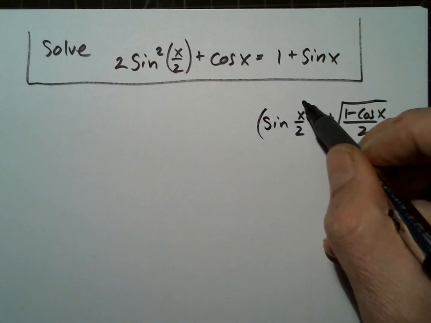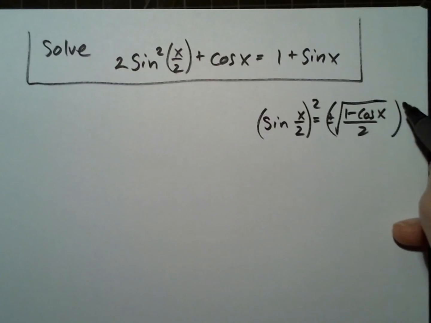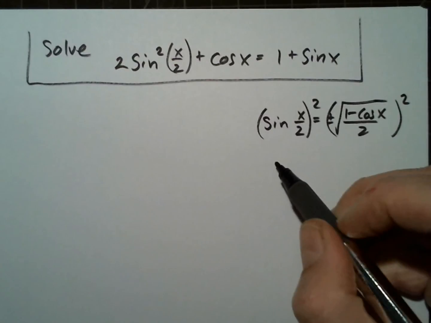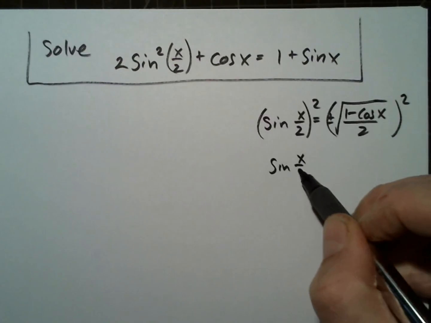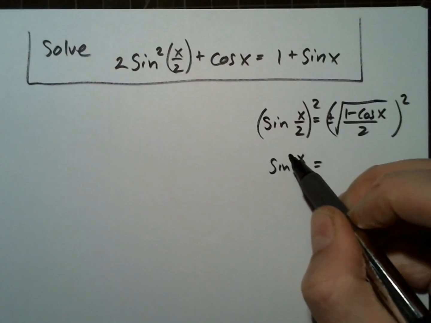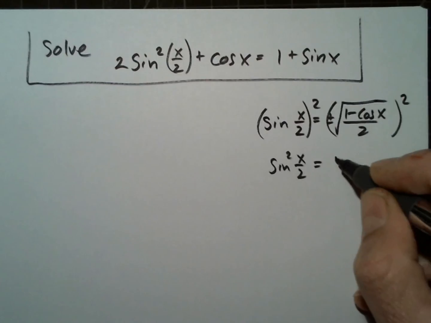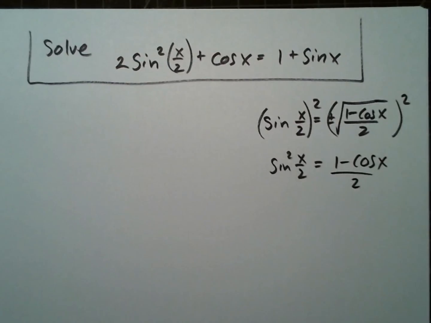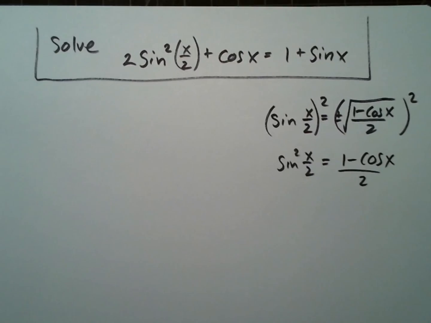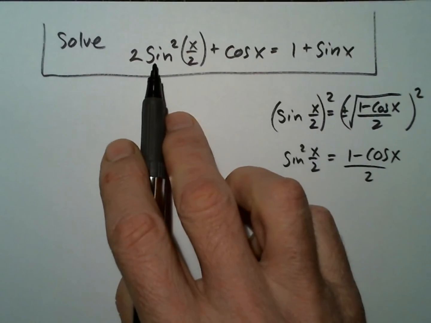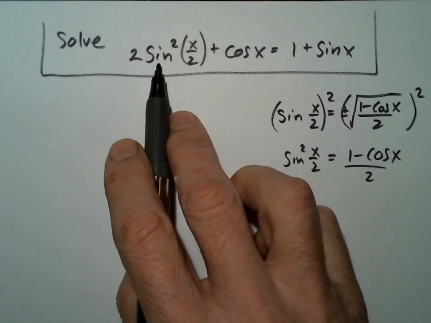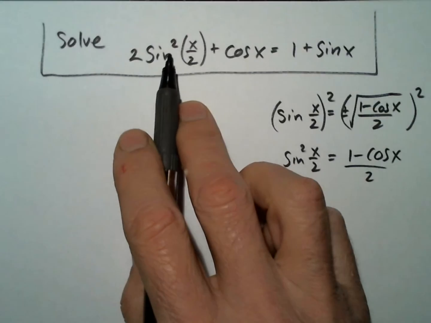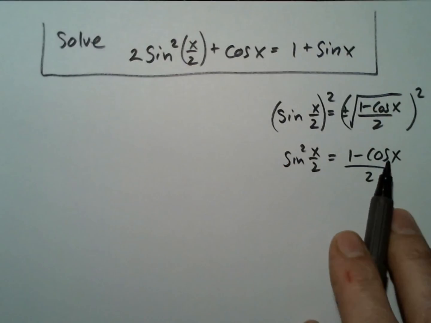So if we did square that, we know that sine squared of x over 2 can be replaced with 1 minus cosine over 2, so that this factor, sine squared, is going to be replaced by 1 minus cosine.